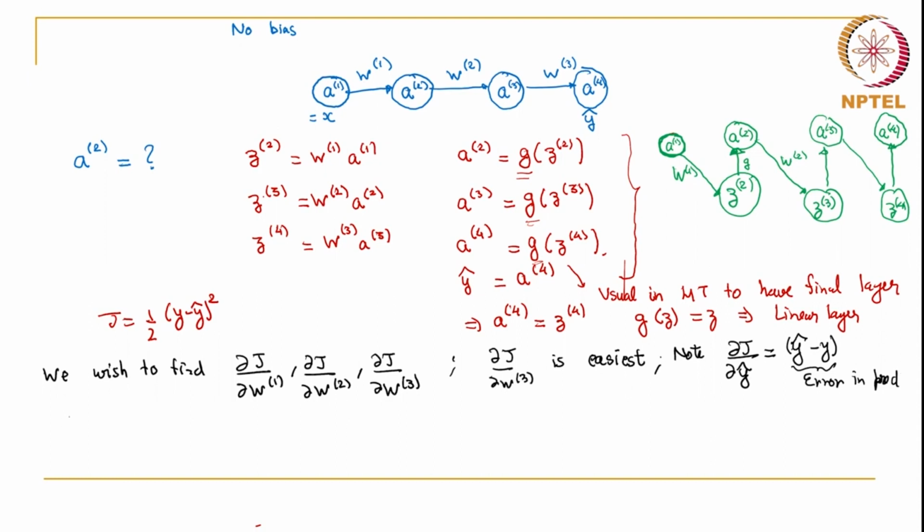Now suppose I ask you to find out what is del J del Z3. What is this equal to? Or actually, let me ask an easier question. What is del J del Z4?